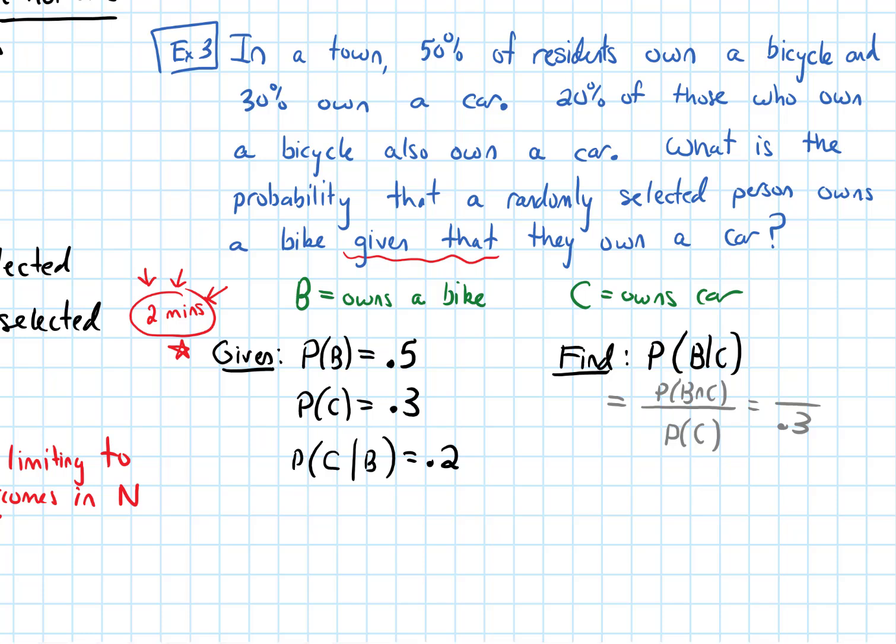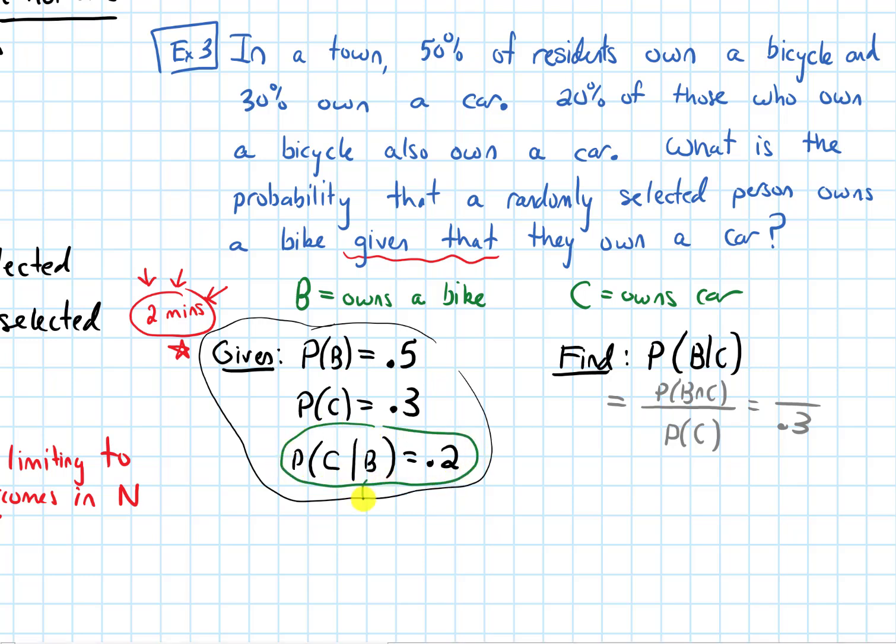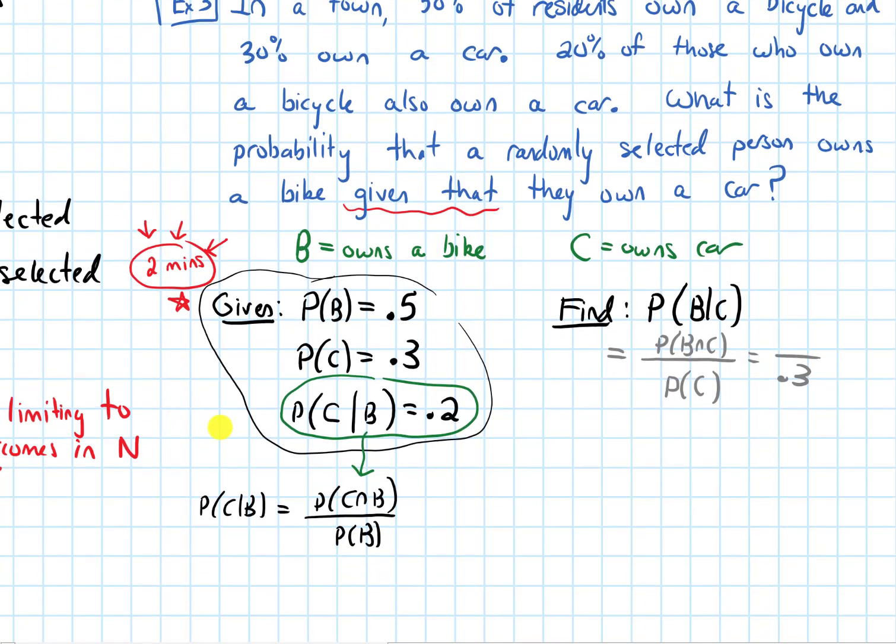So let's try to use what it is that we're given, and maybe that'll help me figure out the numerator. So specifically, let's focus on this conditional probability. If I use the formula on this conditional probability, I'll get probability of C given B equals the probability of C intersected with B over the probability that B occurs. And I know that this needs to be 0.2.